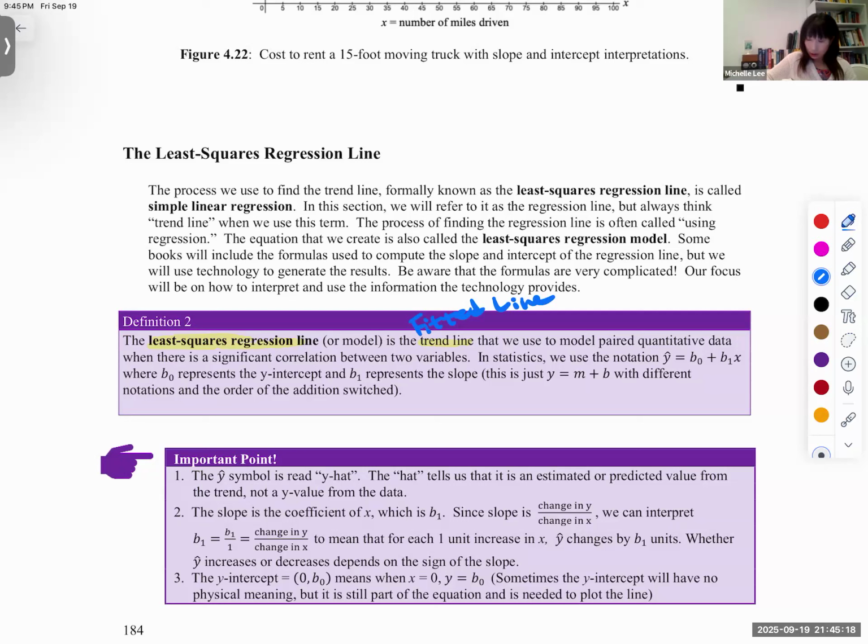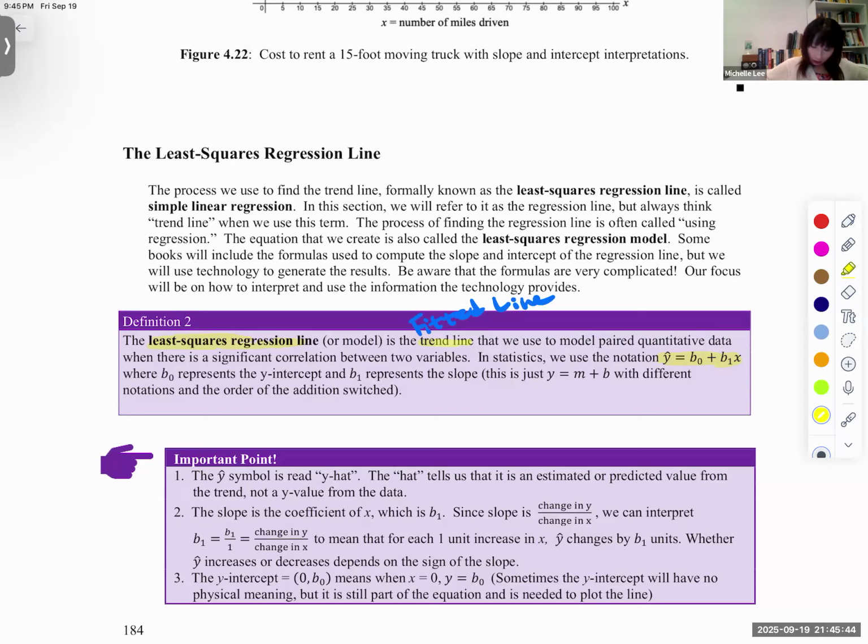This is the equation: y hat equals b sub 0 plus b sub 1 x.